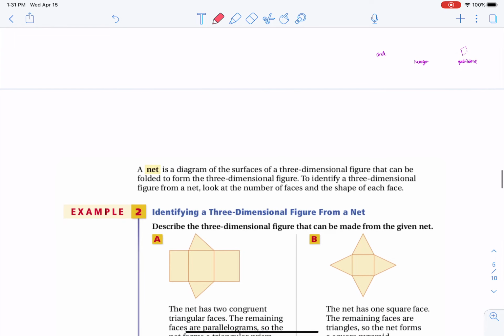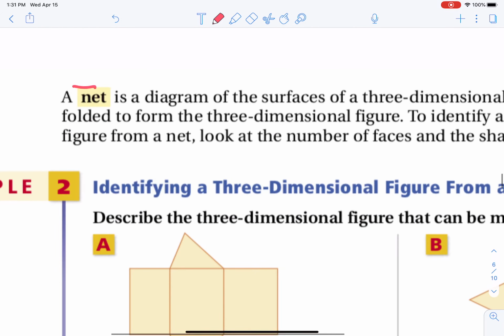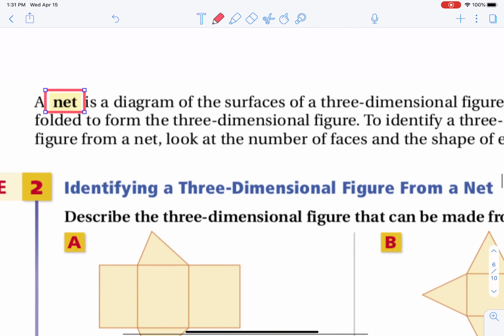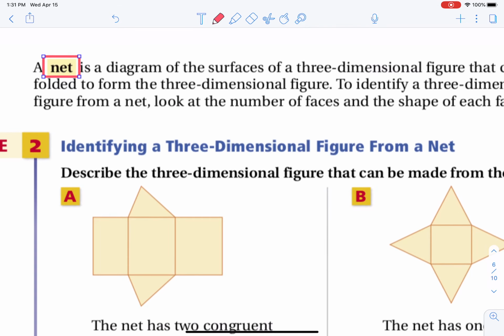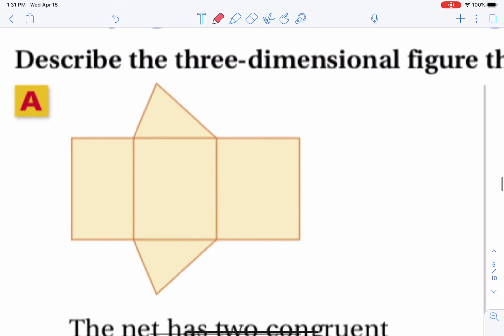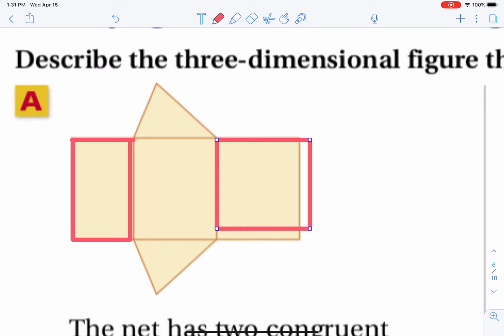One other vocab word is a net. A net is just a diagram, and it's all the surfaces of a 3D figure that you need to make it. So if you were going to print this on flat paper and then you wanted to build it, that's kind of what they're saying. So this is a net. This piece right here would fold up, and this piece would fold up.